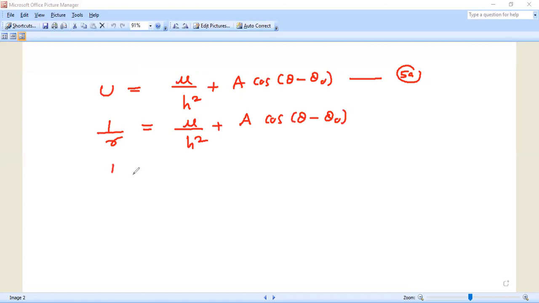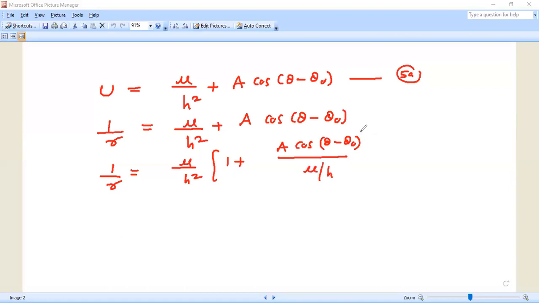1 by r equals, on the right side, you take the common factor mu by h square. By taking that common, 1 plus A cos of theta minus theta naught, divided by mu by h square.